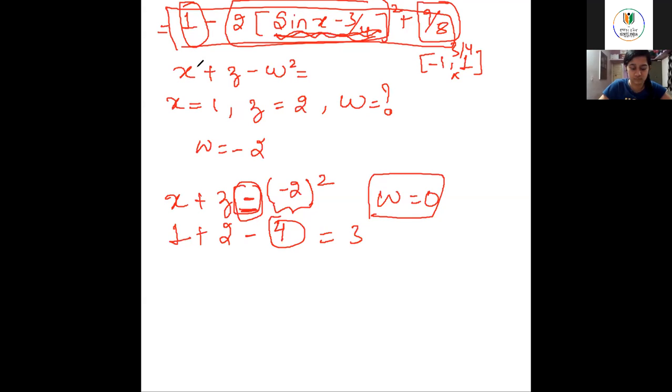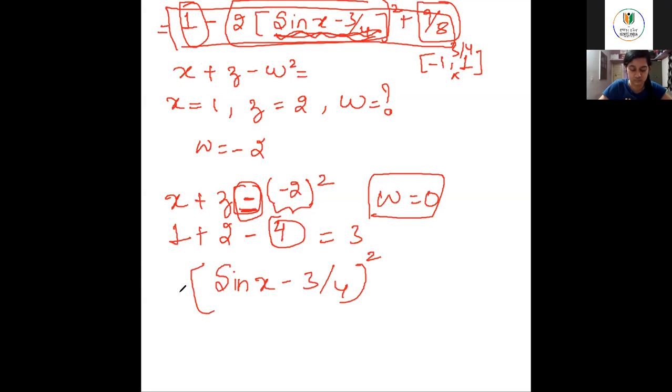Using the same illustration, if I have a rice bag with a small hole and I make it bigger, rice will come out faster. So if I make the negative function bigger, it will reduce more value from my whole function. So I should make sin x minus 3 by 4, the whole square, maximum.